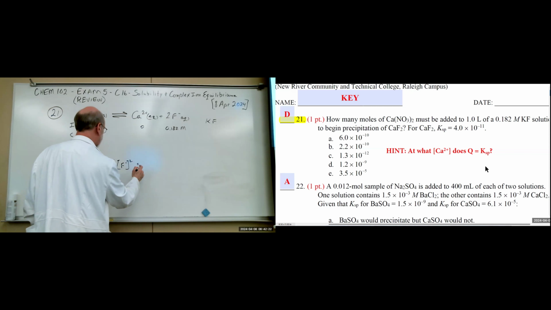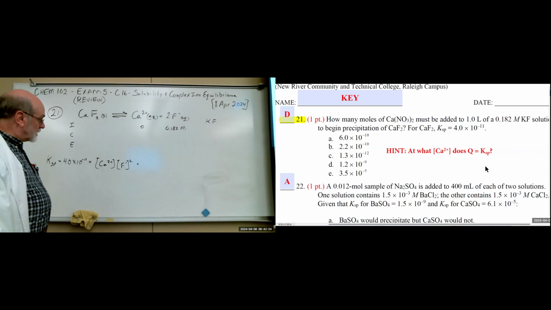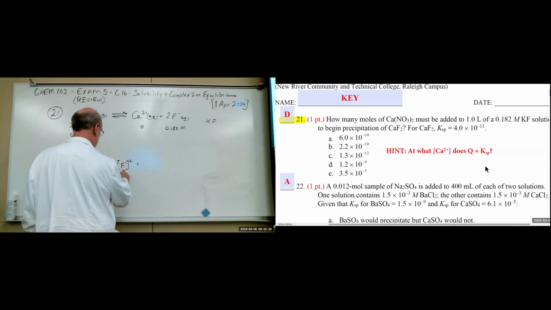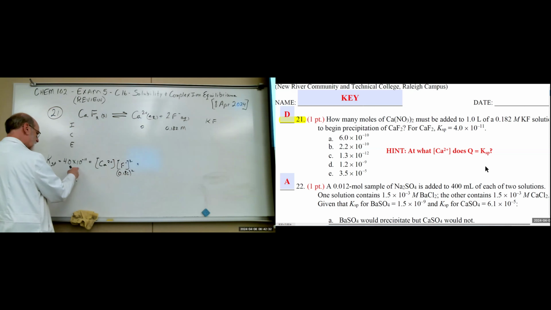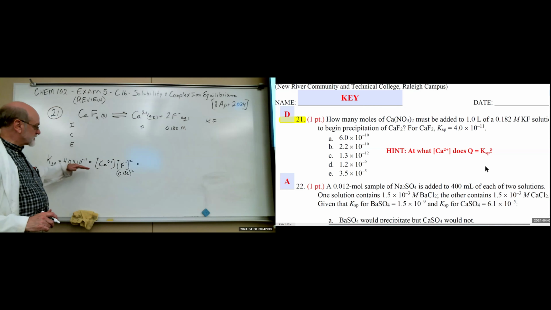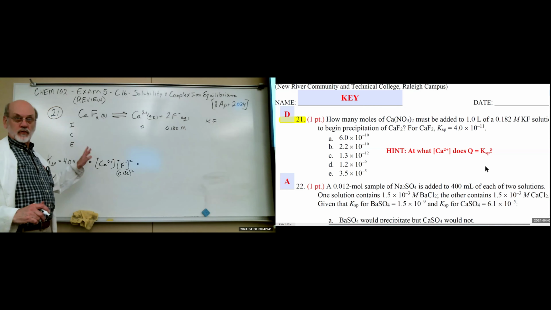Do we know what the fluoride concentration is? Yeah, 0.182. So if we put 0.182 in here and square it, then divide it into this, we'll know what the calcium concentration is at KSP. So if calcium exceeds that, then it will precipitate.